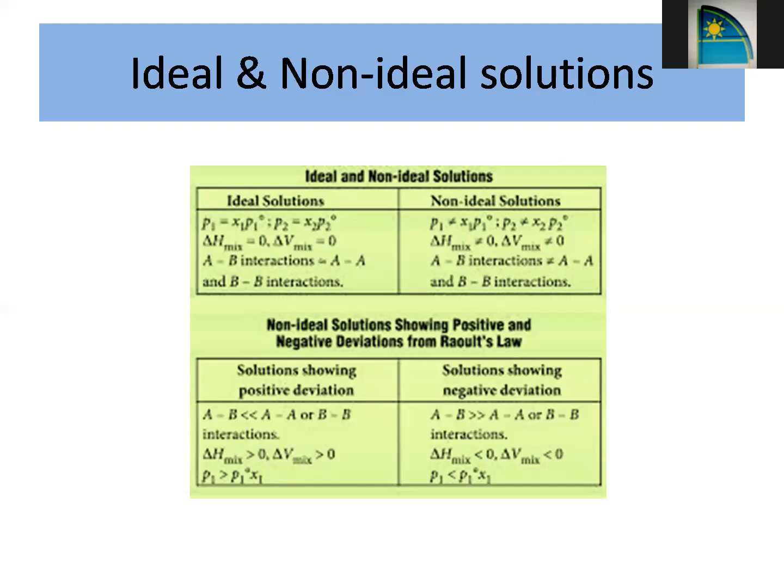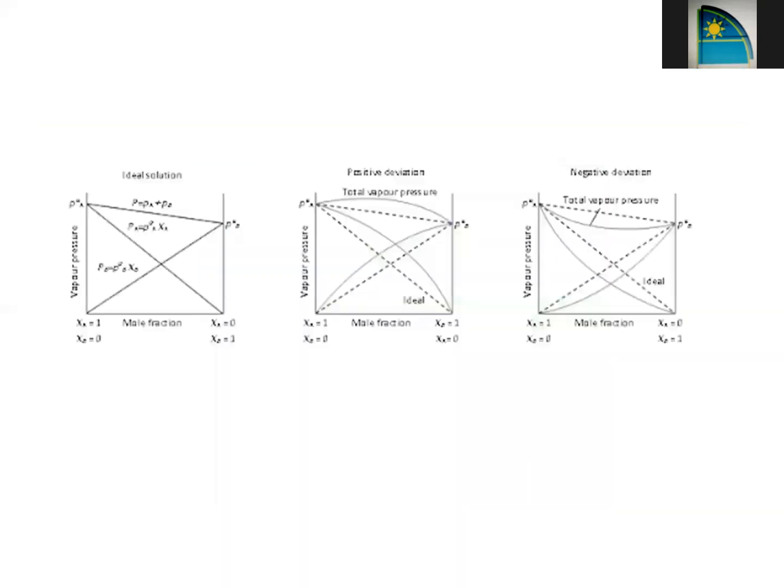We can learn it easily by saying that AA interaction or BB interaction is more than AB interaction. These types of solutions show positive deviation. And exactly opposite of that, if AB interaction is more than AA or BB, then it will be known as negative deviation from Raoult's law. Raoult's law is just a special case of Henry's law.